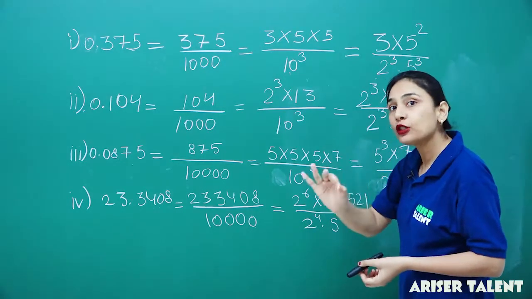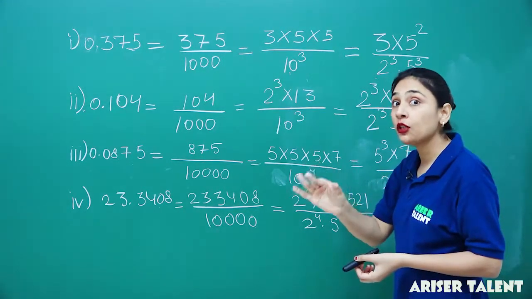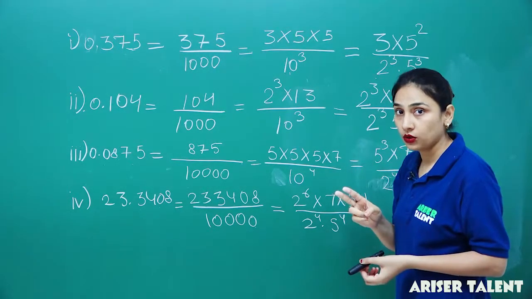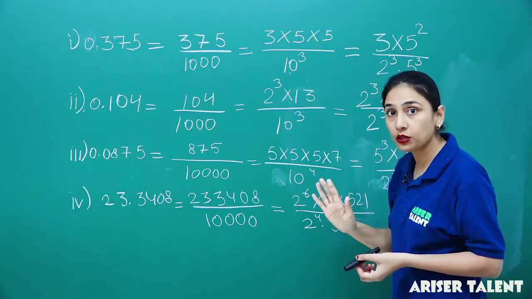The only possible prime factorization of 10 is nothing but 2 and 5. No other prime factorization is possible.